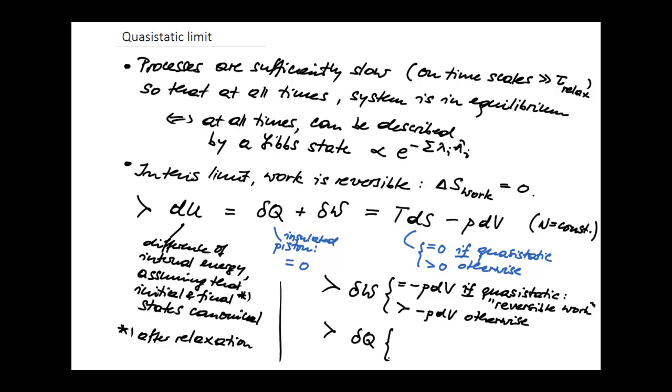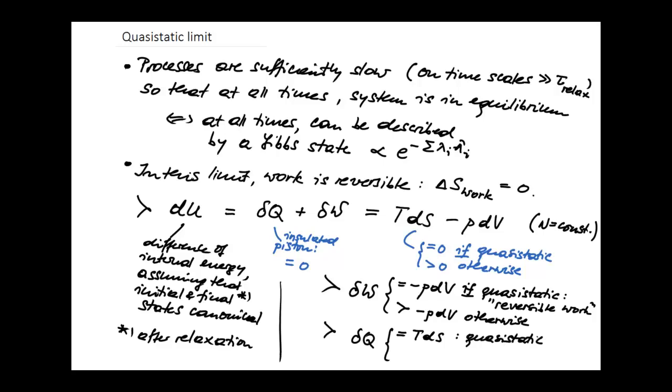In the quasi-static case, this equality still holds: delta Q plus delta W must be equal to TdS minus PdV. In the quasi-static case, delta W equals minus PdV, and hence the amount of heat exchange, delta Q, must equal TdS.